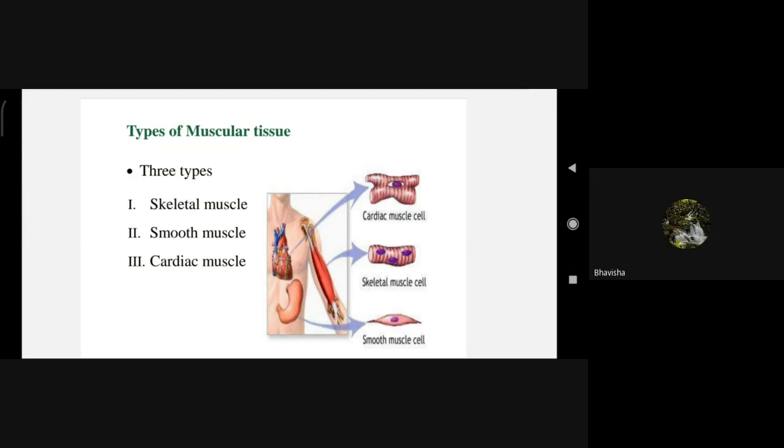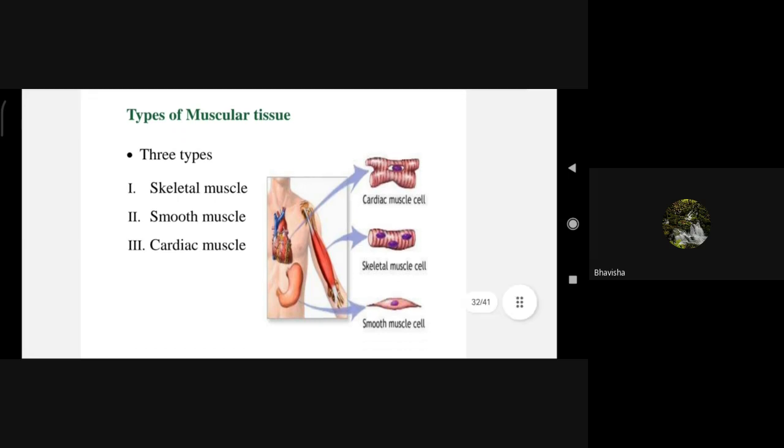Maybe, ma'am, I'm not sure about it, but maybe it contains some characteristics of skeletal muscles and some characteristics of smooth muscles, both combined. No, not like that. It is in the heart region, ma'am. It can transport electric impulses. No, the answers are not satisfying.